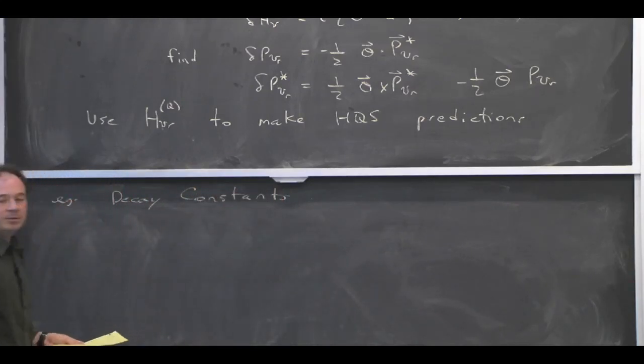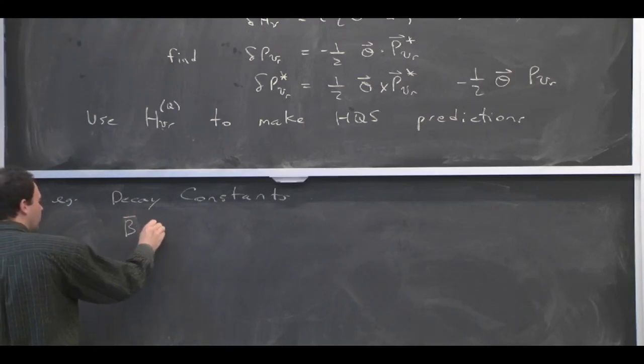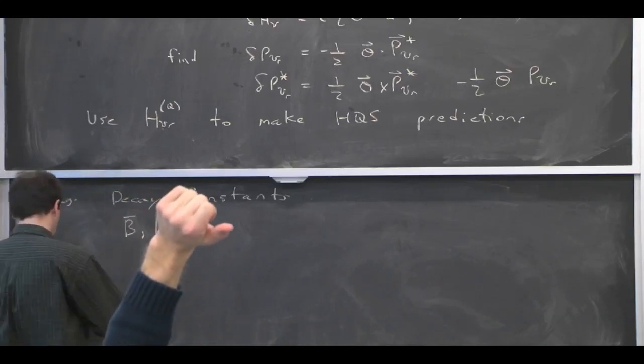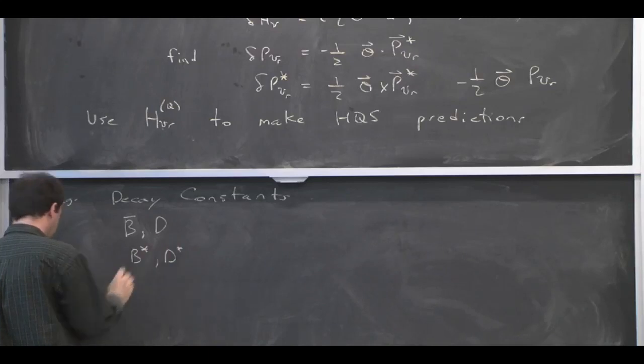So an example is talking about heavy quark decay constants. And we can think about B mesons or D mesons, and correspondingly B stars and D stars.